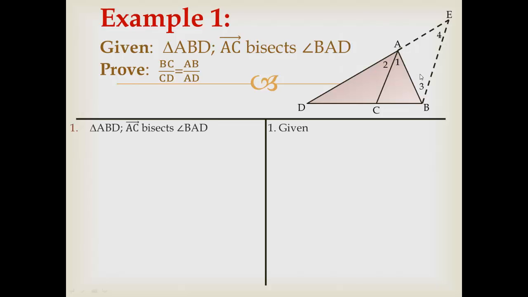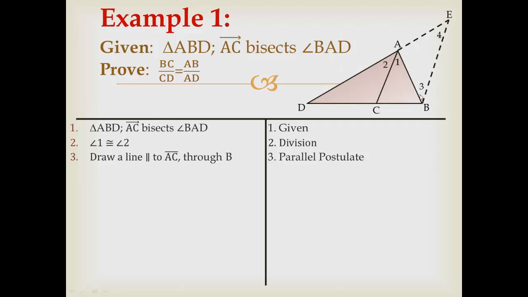We start with our given, obviously. Move on, we can say that angle 1 is congruent to angle 2 by division, followed by, we would then draw a line through B that was parallel to AC, because of the parallel postulate, which, if you remember, states that through any given point, there is only one line that is parallel to another.